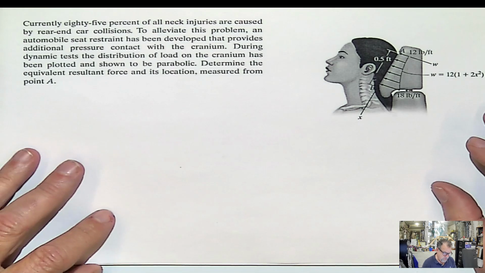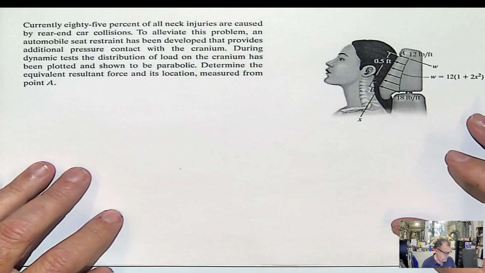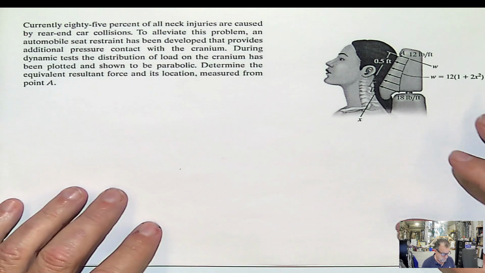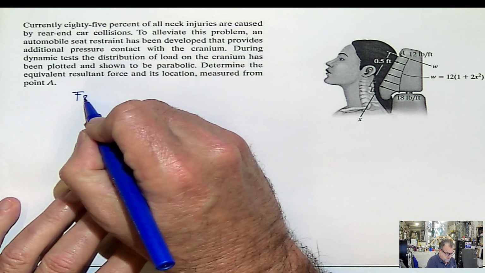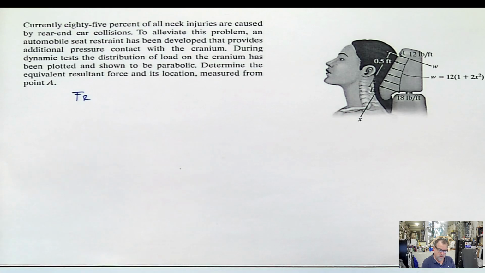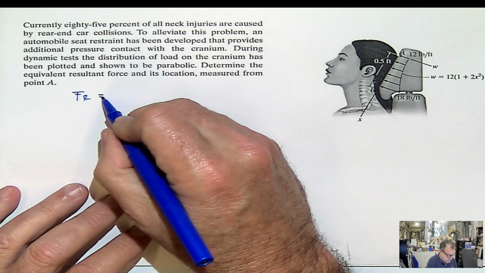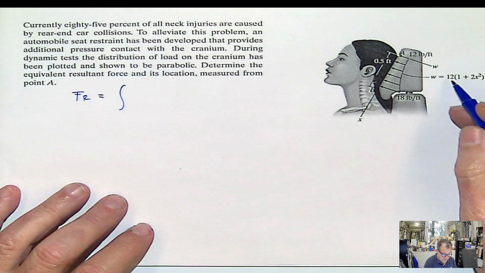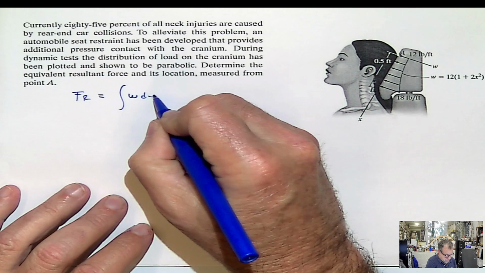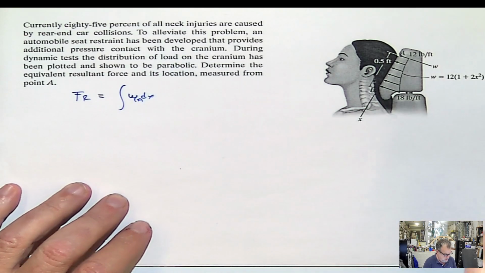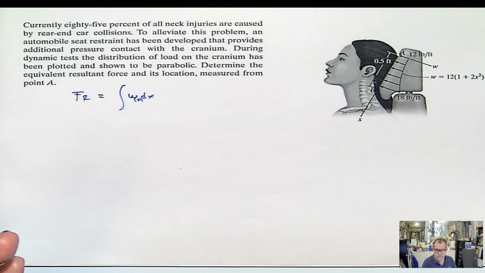Now, basically, before doing this problem, you have to know resultant force. And resultant force, as I said before in the other videos, is kind of the area, right? So the resultant force is going to be the integral of the function in terms of x between the limits that you have over there.